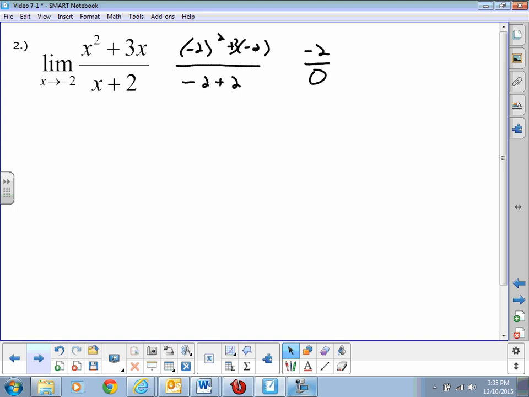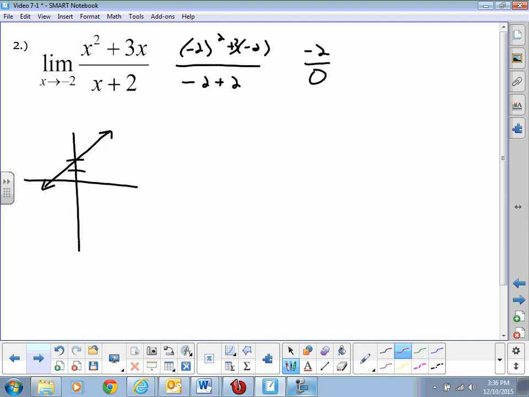We need to see, when we look at the left-hand and right-hand limits of the bottom, are they both going towards positive infinity, both going towards negative infinity, or one of each? Well, let's investigate with the graph of x plus 2. X plus 2 looks something like this.